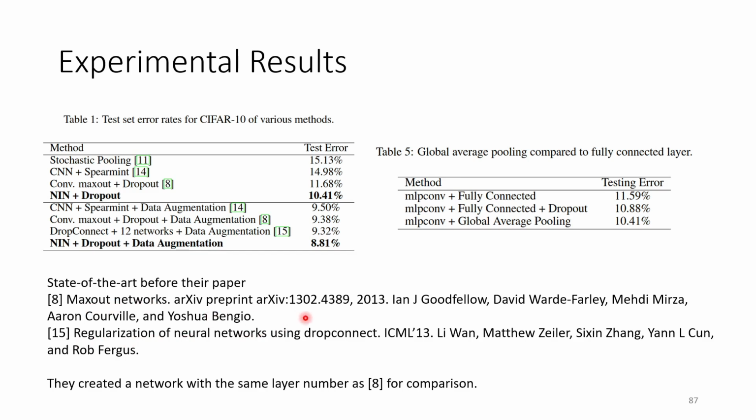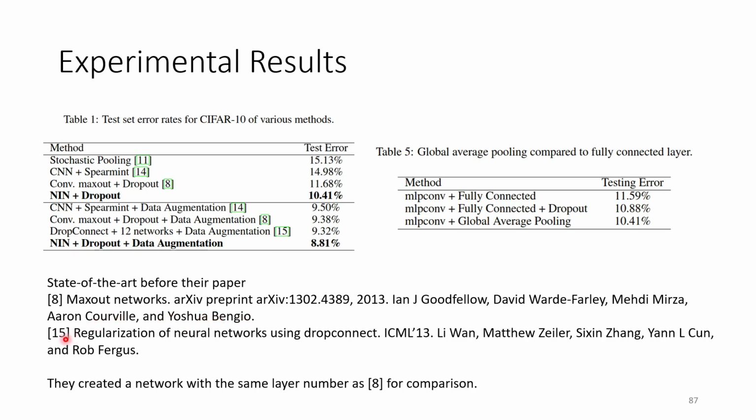So pay attention to the authors of this work. For paper 8, Yoshua Bengio, who is he? In 2018, there were 3 winners of the Turing Award: Yann LeCun, Geoffrey Hinton, and the third is Yoshua Bengio.